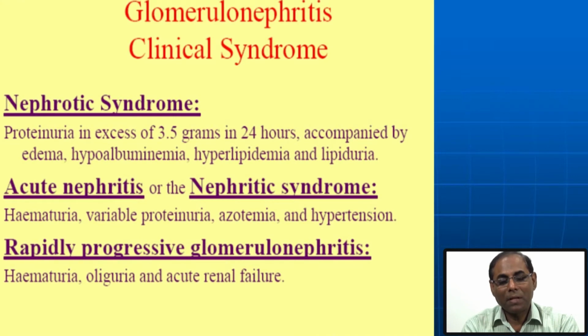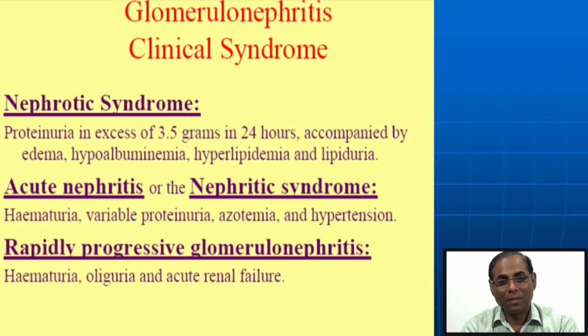The clinical presentation of all the glomerulonephritis: initially they can present as a nephrotic syndrome, they can present as acute nephritis or nephritic syndrome, and also they can present as rapidly progressive glomerulonephritis, or sometimes this is called a rapidly progressive renal failure kind of presentation.